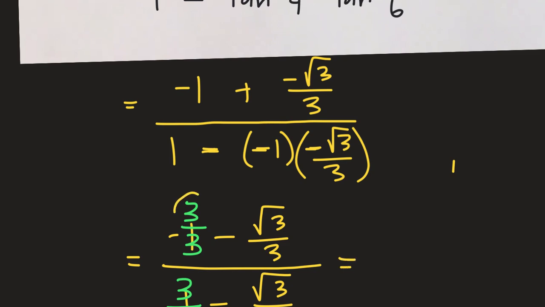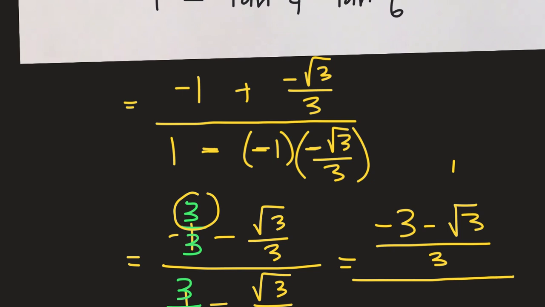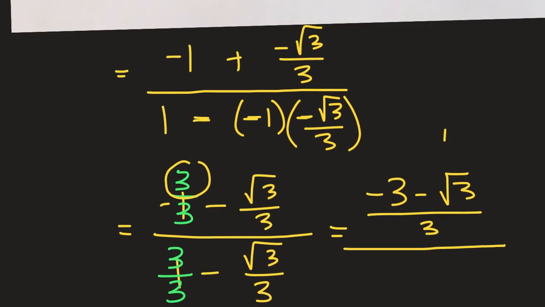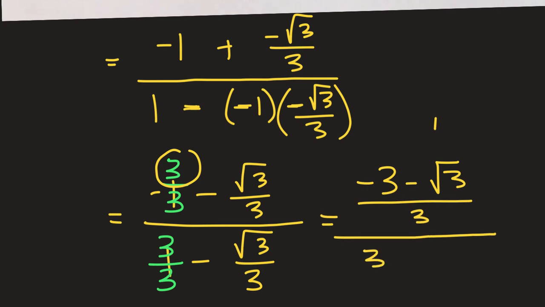So I have -3 minus √3 divided by a single 3. That's my new numerator when I subtract these fractions. And in my denominator, I have again +3 minus √3 over a single denominator of 3. This is how we subtract fractions: we change that 1 to be a fraction so that we can combine them.